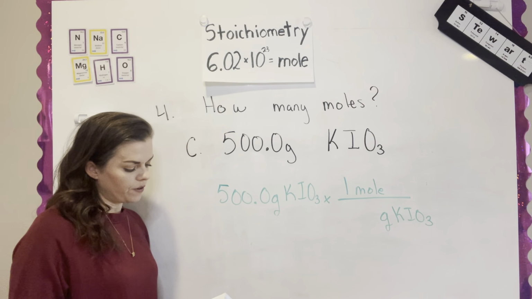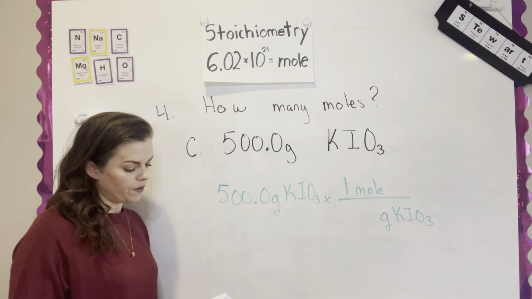And you get to have the fun of adding up from the periodic table 3 sodiums, 1 aluminum, and 3 oxygens. When you add all of those up, you get a total molar mass of this compound of 143.95.